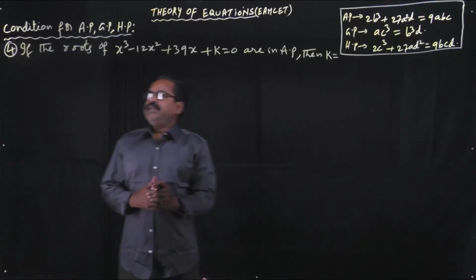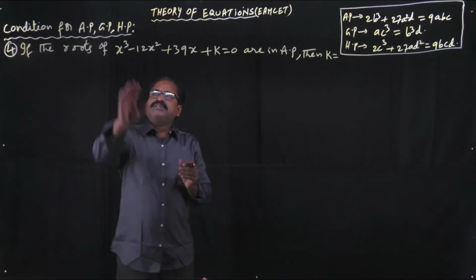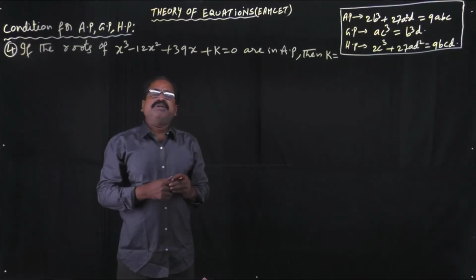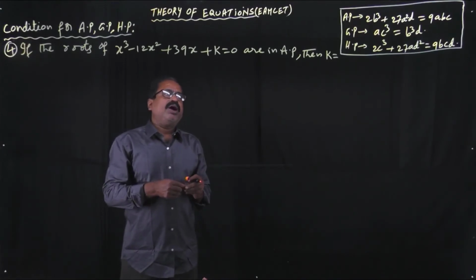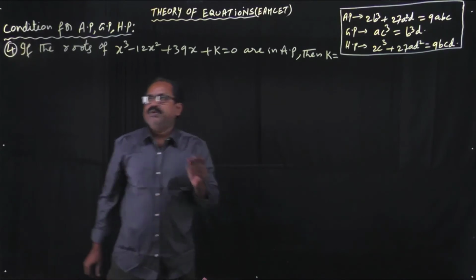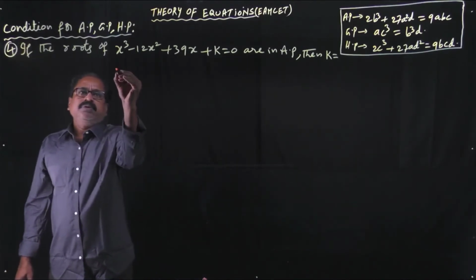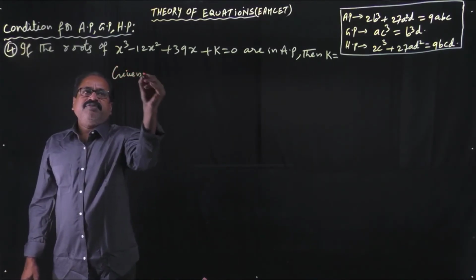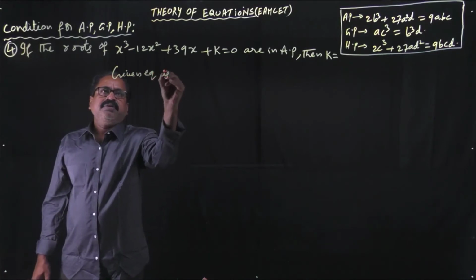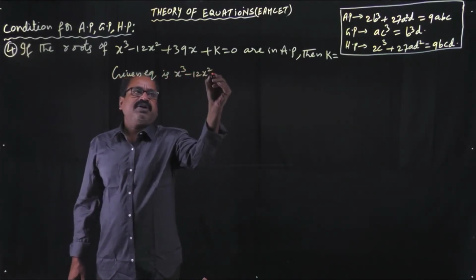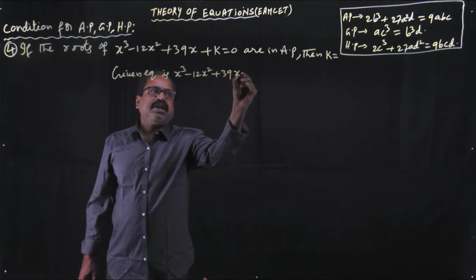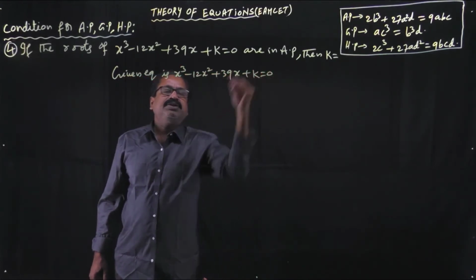So fourth one is, if the roots of x cube minus 12x square plus 39x plus k is equal to 0 are in AP, then k is equal to. So the given equation is x cube minus 12x square plus 39x plus k is equal to 0.